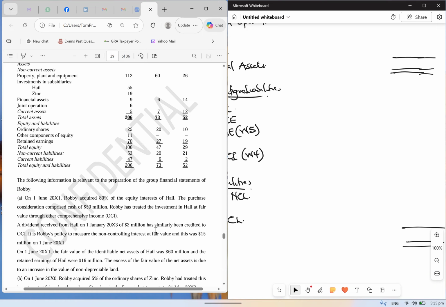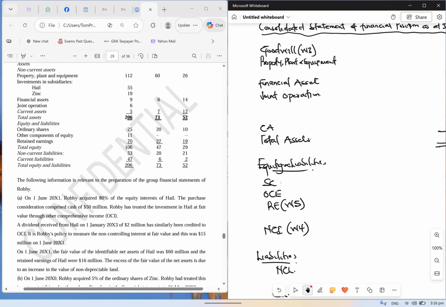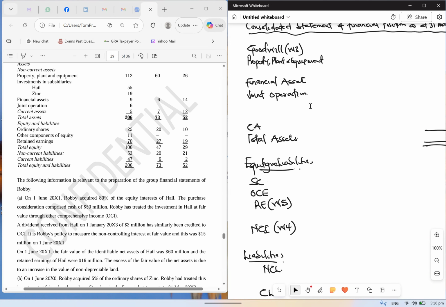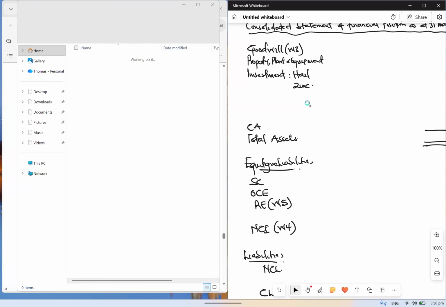So I should have even done the investment. Let me do the investments, if there is even space. These are certain things you must know. So investment: you have Hale, you have Zinc. It's not supposed to be there in your balance sheet like that, but I'm using it to show you something.